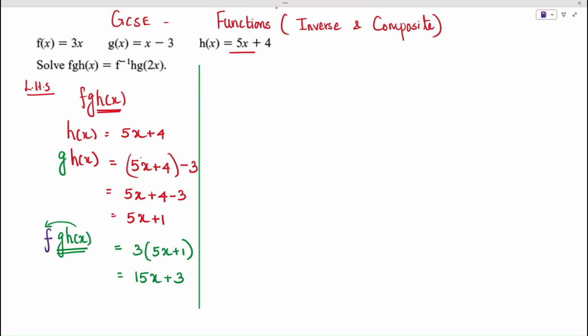Now we're going to solve the right-hand side. So our right-hand side is f inverse of h of g of 2x. So we're going to start off with writing g of x.